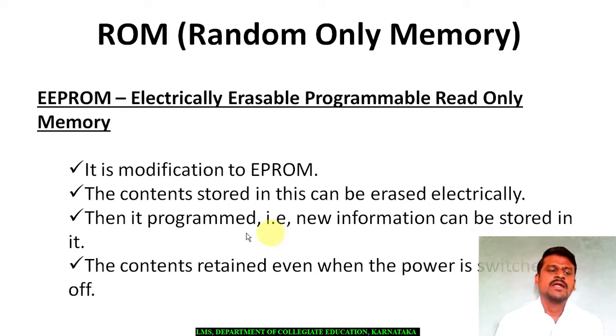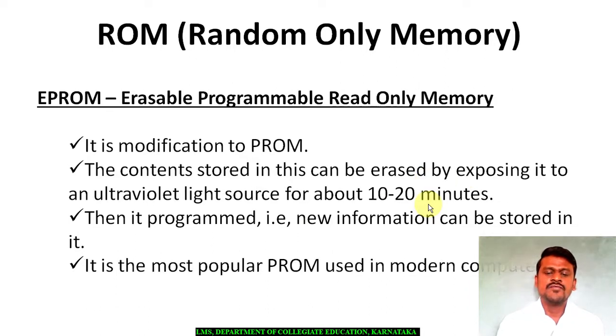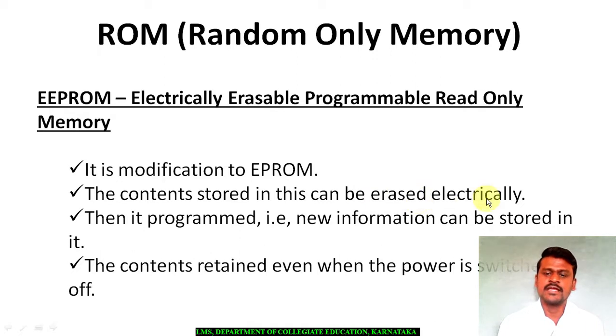Next one is EEPROM, that is electrically erasable programmable read only memory. This is the modified version of EPROM. The content stored in this can be erased electrically. This means that with EPROM we erase using the ultraviolet source, but here we are erasing the data using electrical points.